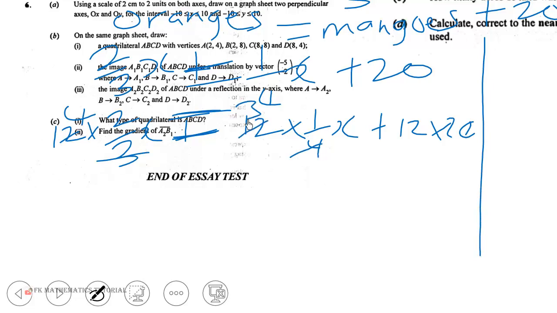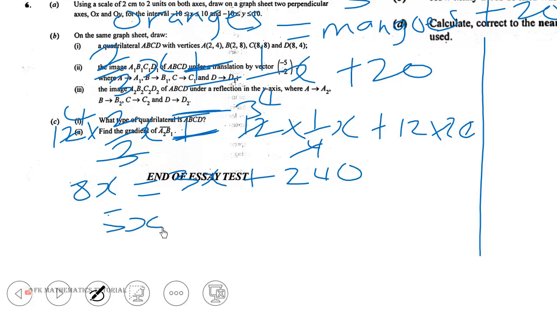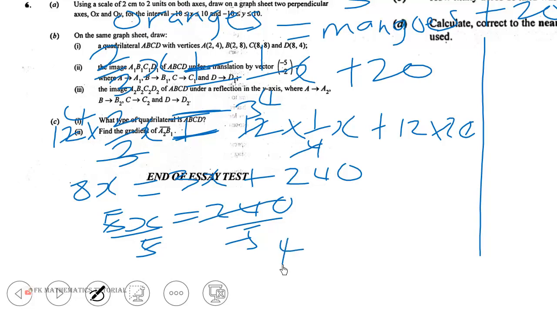So we have 4 times 2x, which is 8x, is equal to 3x plus 240. So 8x minus 3x is 5x. 5x is equal to 240. If I divide by 5, so x equals, 5 will go into 24 how many times?